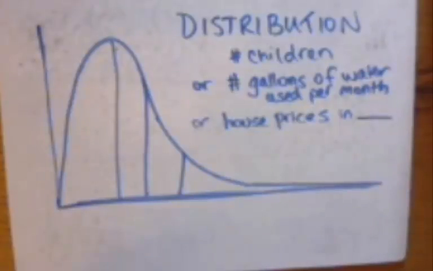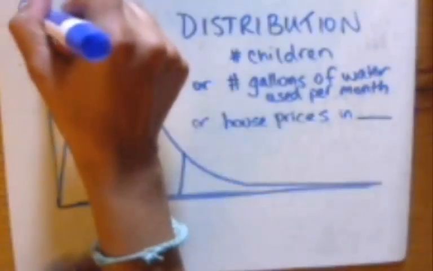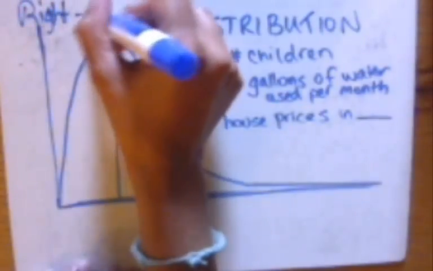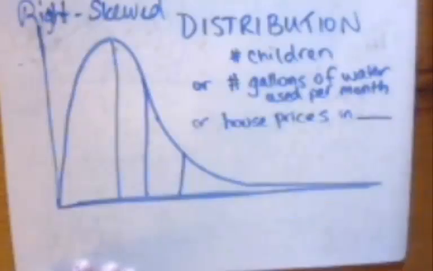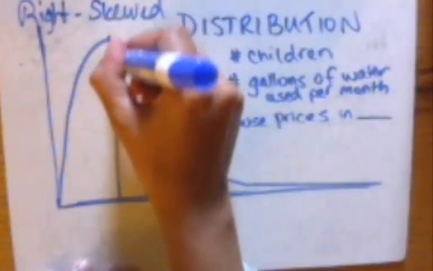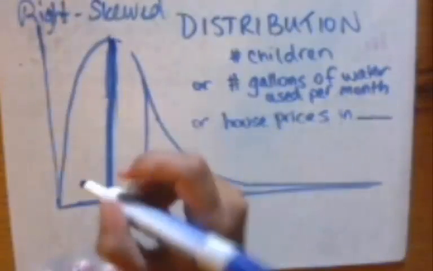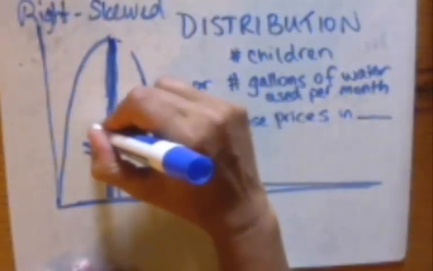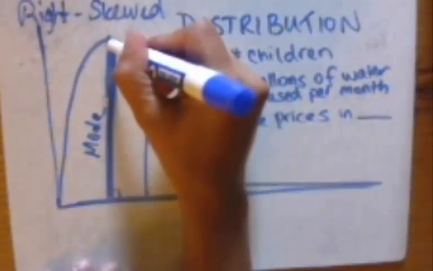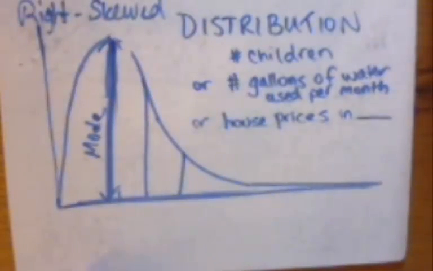If you think about the relationship between mean, median, and mode when you have skewed data, for example, in this case we have a right-skewed distribution, and we know how to identify the mode. The mode is sort of the tallest point of this distribution. So this point right here is identified as the mode.